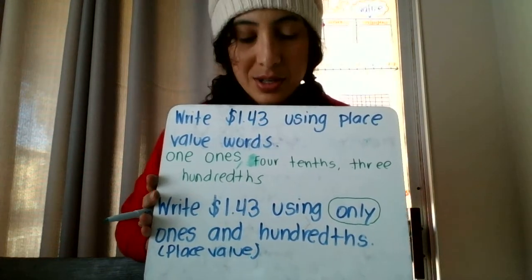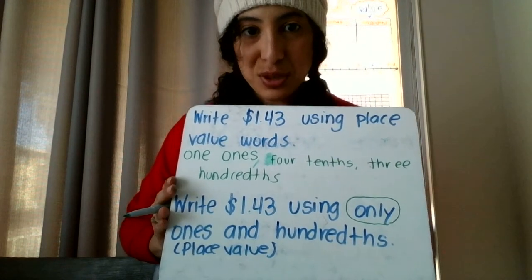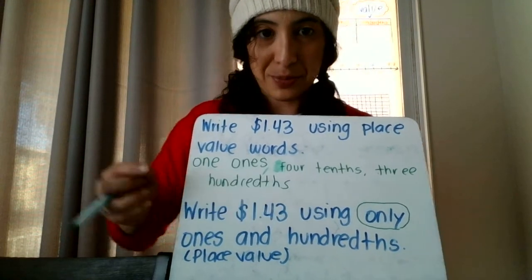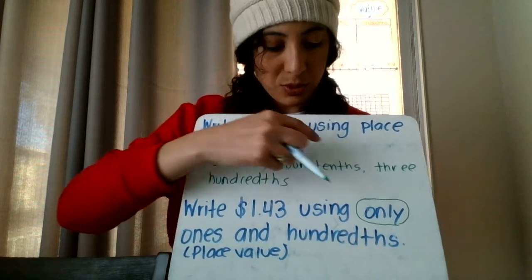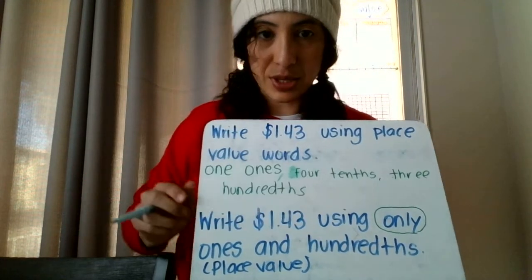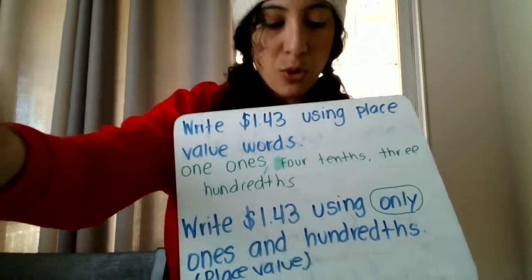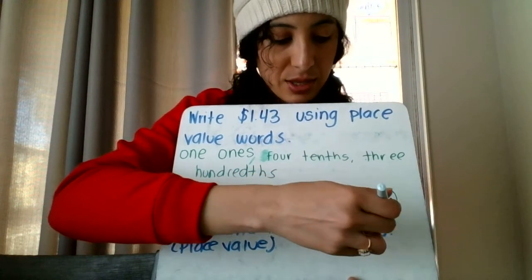Okay. Now it's telling you to use only the ones place and the hundredths place to write this dollar amount. For this one, we used all three. We used the ones, we used the tenths, and we used the hundredths. Now, how would we do that? Only using the ones place and the hundredths place.